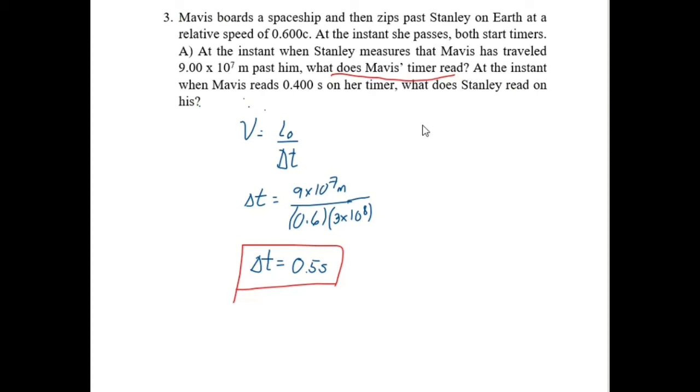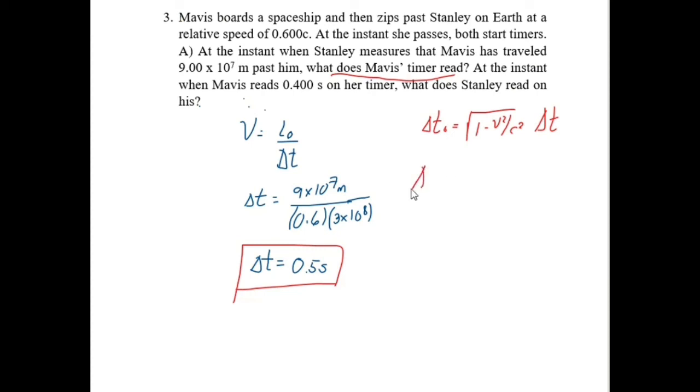Wherein we have an equation, delta t naught is equal to the square root of 1 minus v squared over c squared, times the delta t. Okay? So, let's substitute here.